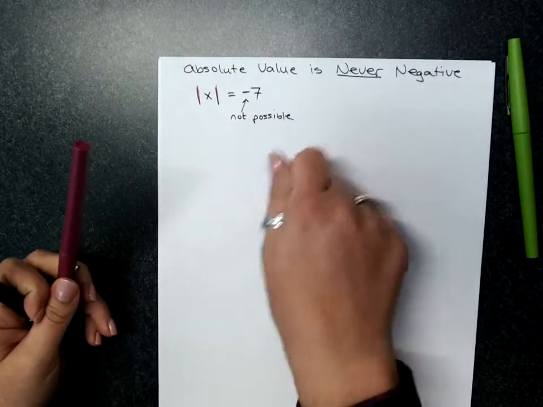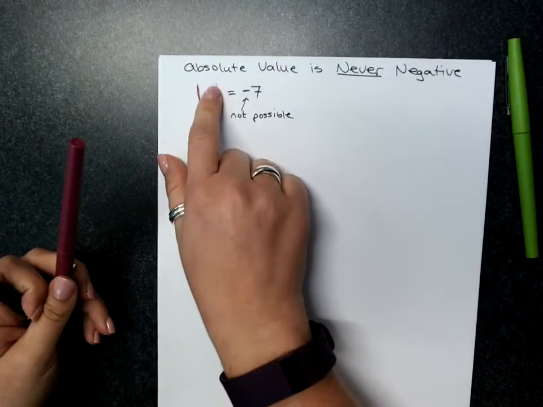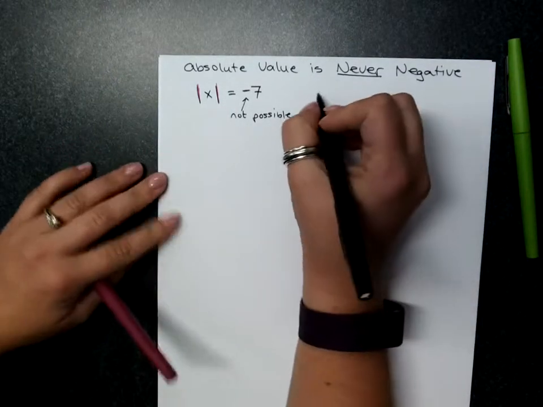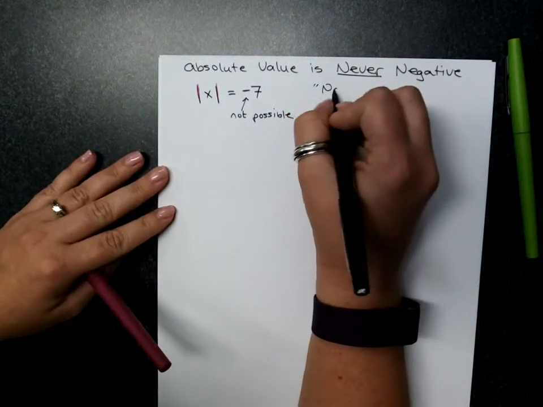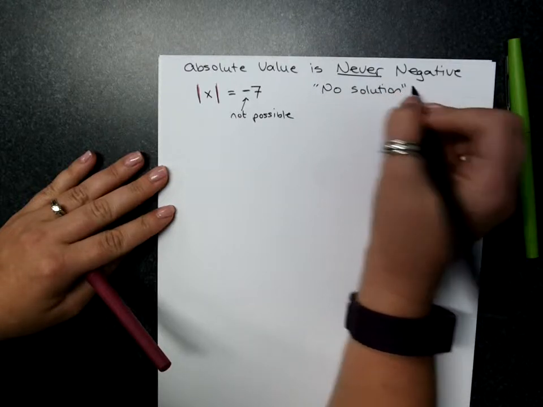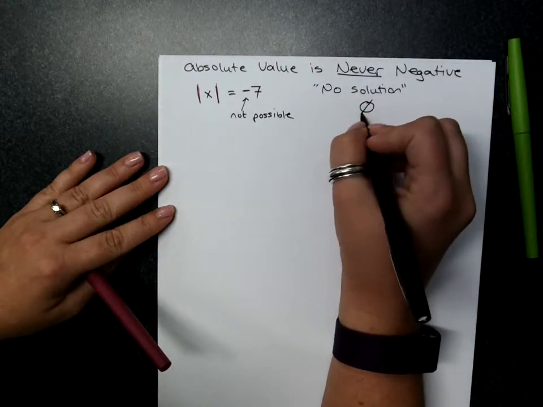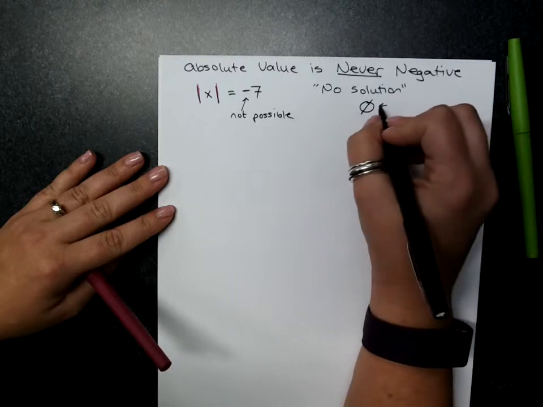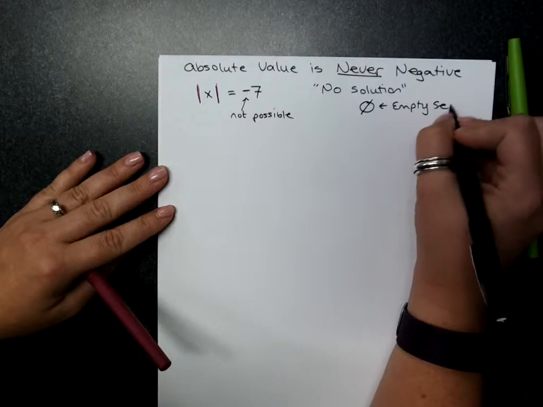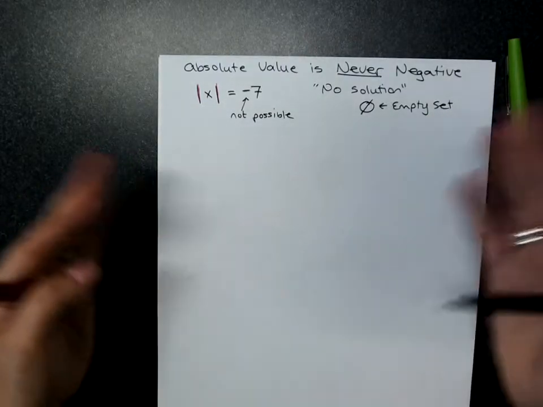If you're working something out and you get down to the absolute value equals a negative number, you just stop and you put no solution. And on the computer it'll be a circle with a slash through it. That symbol stands for what they call empty set, which just means there's nothing.